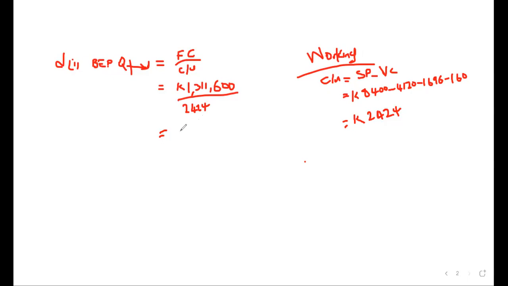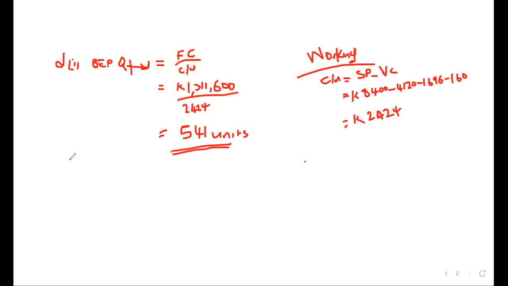So we expect to find how many units. So the total units will be 541. These are the break-even points, units that we need to produce in order for us to break even. Remember, at break-even point, you are neither making profit nor loss. So this is the number of units we need in order to break even.